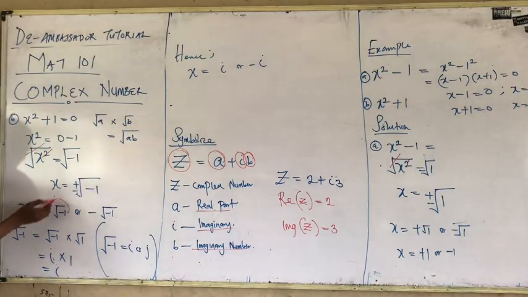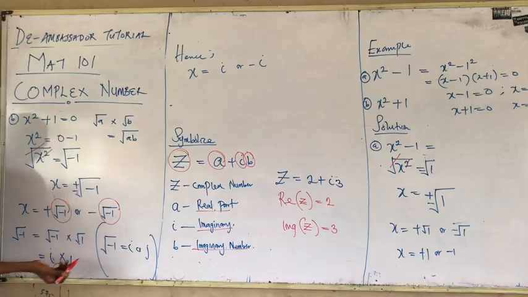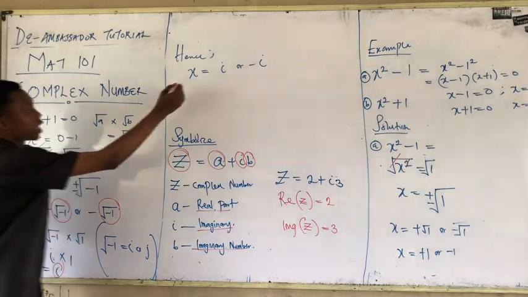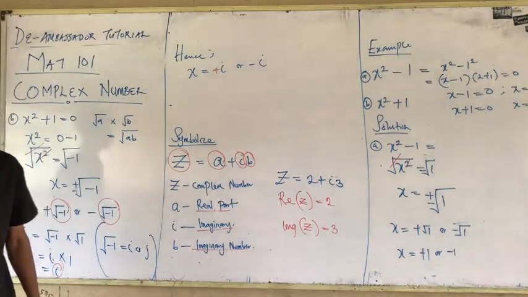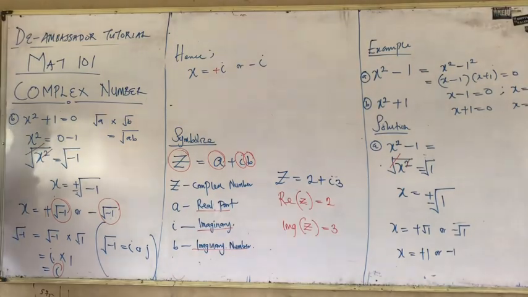Because we said this is I, and this is I, isn't it? So here is plus, here is minus. So that's what we call an imaginary number. That's how they got the value of what we call I. Is that clear? So let's solve another example.